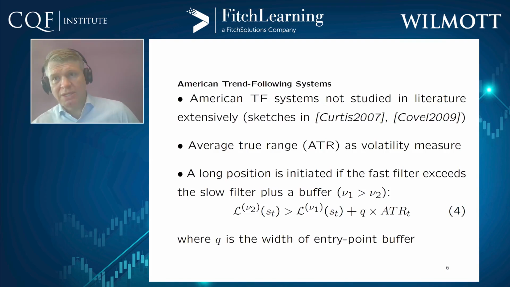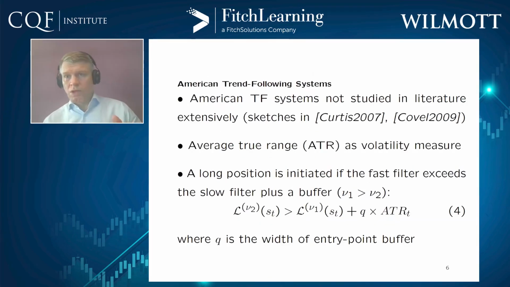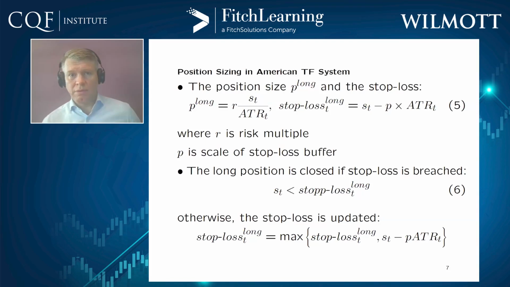but we take prices, we compute a fast filter and a slow filter. And we initiate the position if the fast filter exceeds the slow filter plus some buffer. These positions are usually sized.